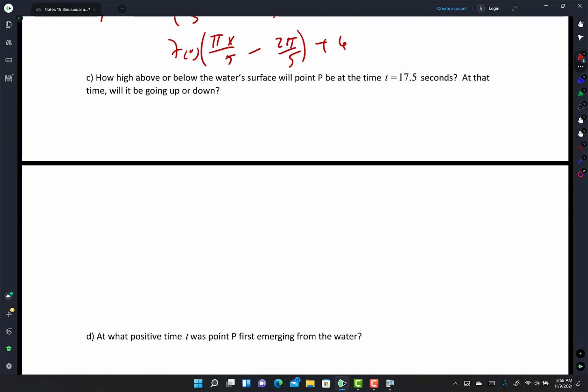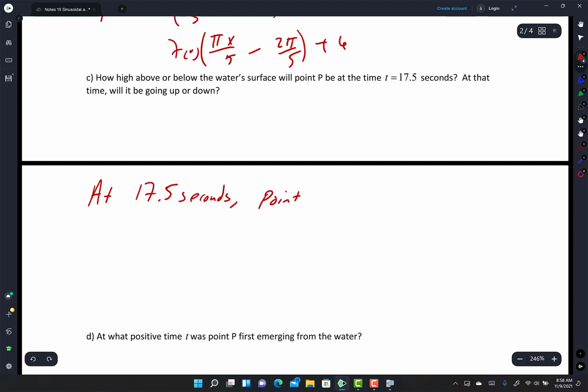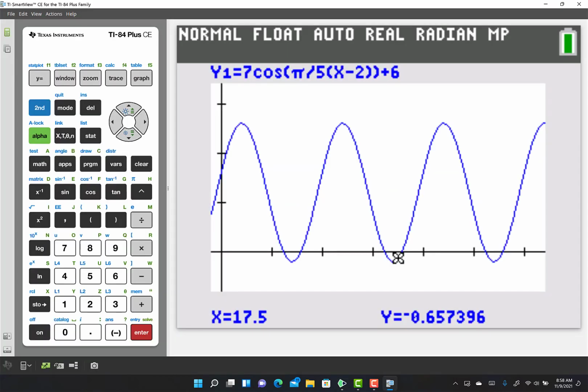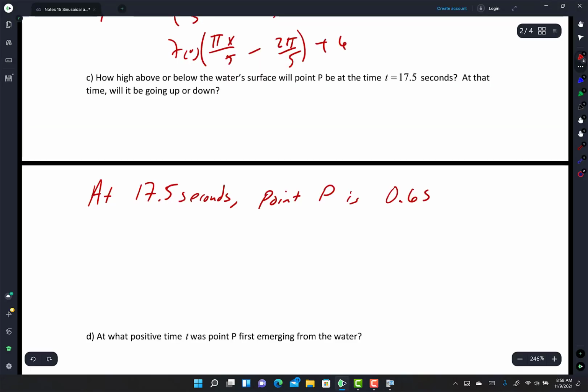So I'm going to write: at 17.5 seconds, point P is 0.657 feet below the surface.